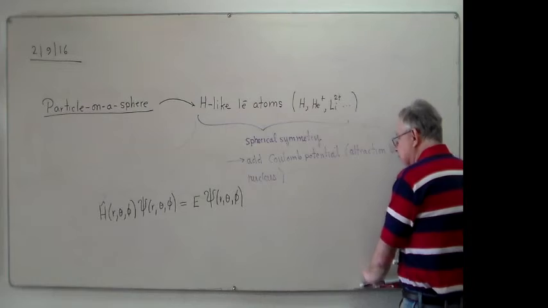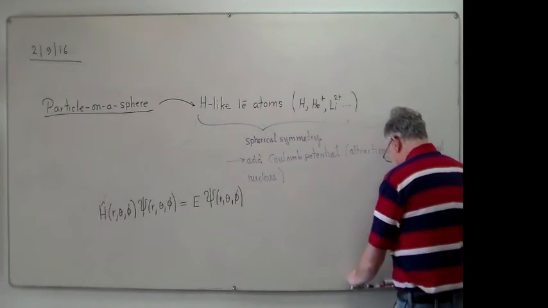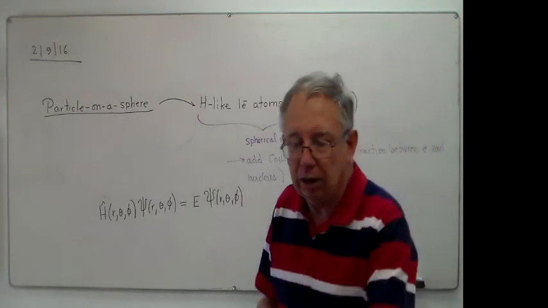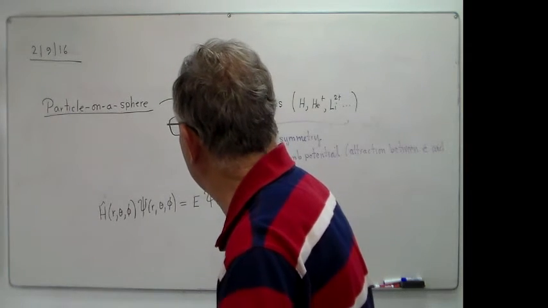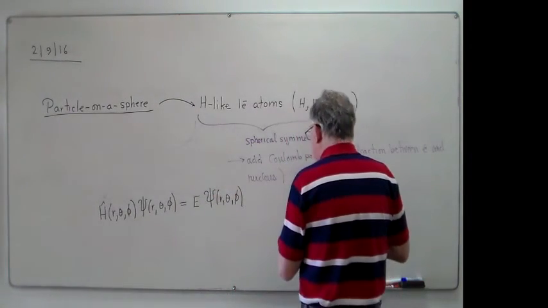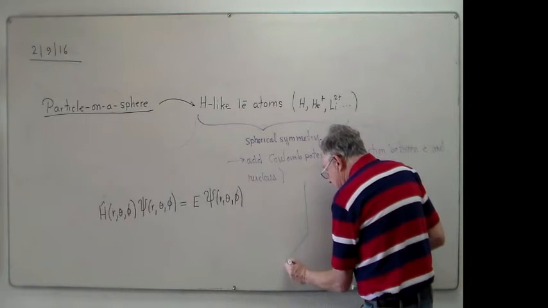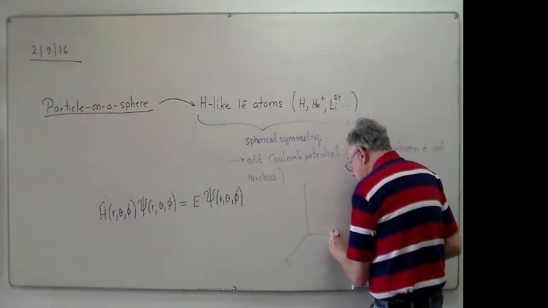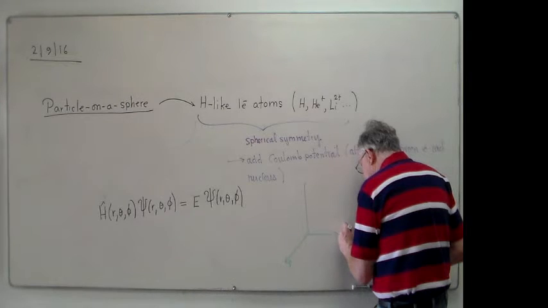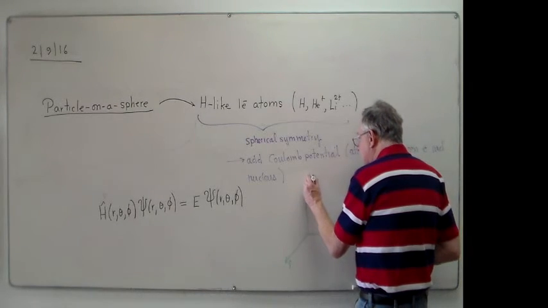Now, there are some subscripts we need to put here, and there's also a picture we need to draw to get this hydrogen-like atom picture. So imagine we have our usual Cartesian coordinate system with the unit vectors i, j, and k.